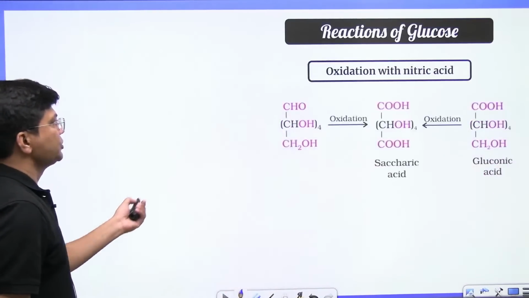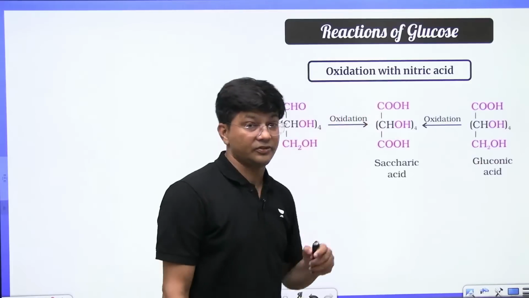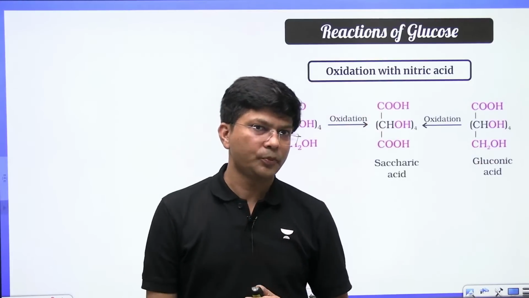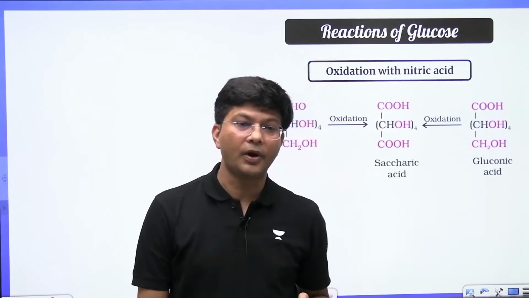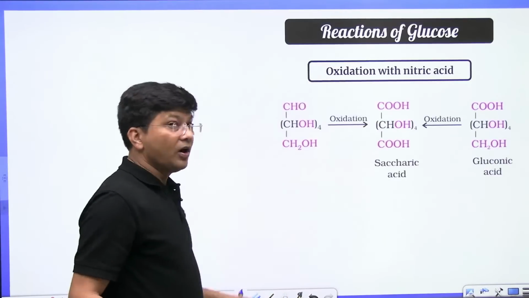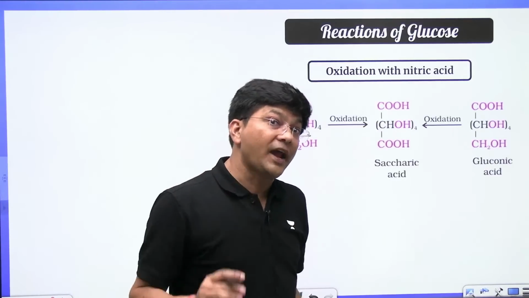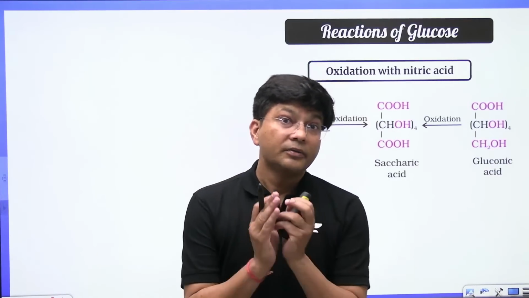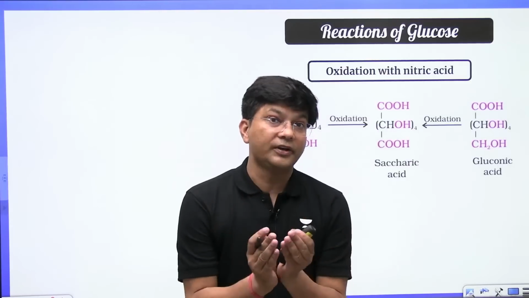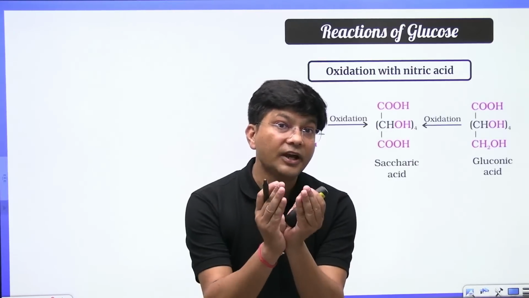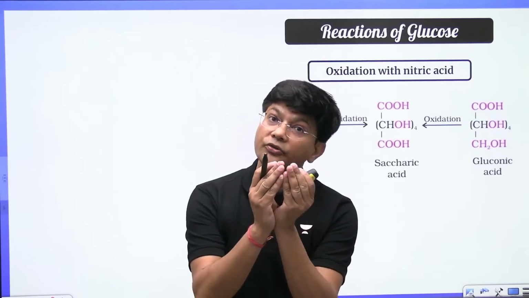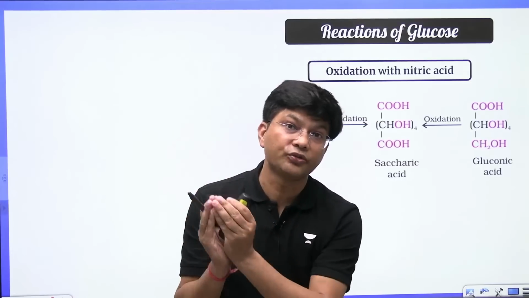Now another question, oxidation with nitric acid. This is the most important point to keep in mind, because when glucose was reacting with bromine water, which is a mild oxidizing agent, only one CHO group got changed to a COOH group.